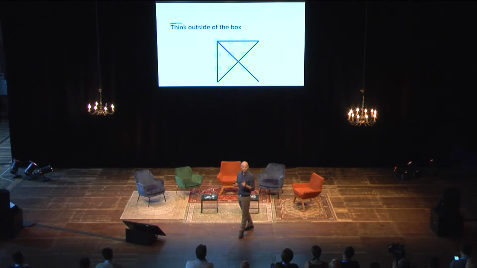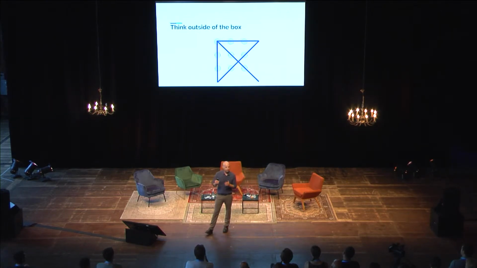Then we do some tests, analyze the results, and iterate on the successful experiments that we run. The bottom line is to try to think outside of the box. Try to think about Google Ads as a puzzle that you need to solve, and try to identify the weaknesses in order to solve it.